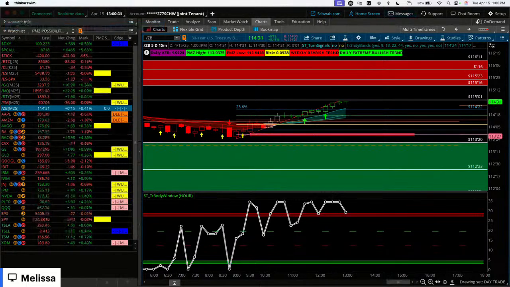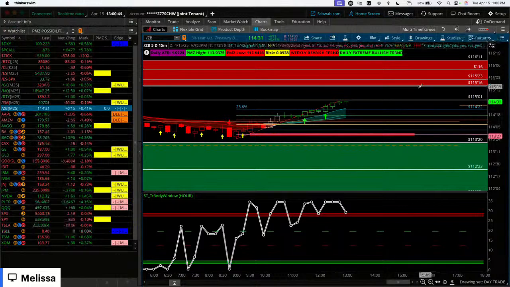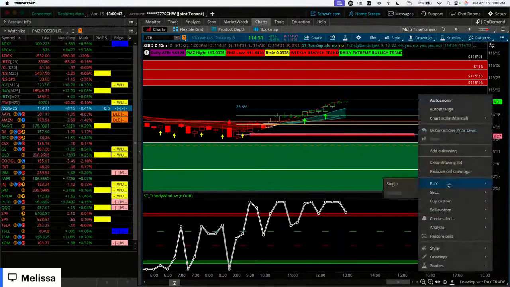Northport Trader asks how you get the right and left arrows next to where you have the multi time frames in your charts. It's because I have restore cells.